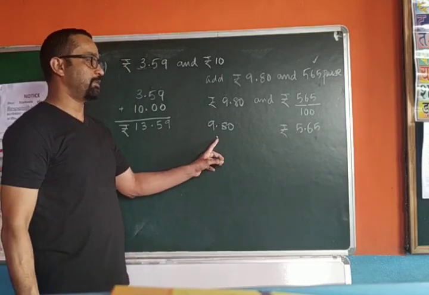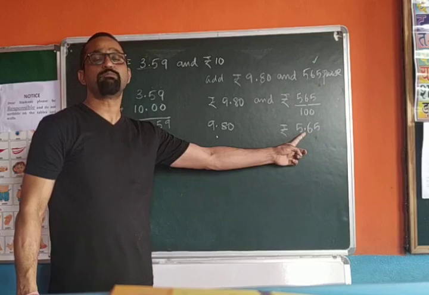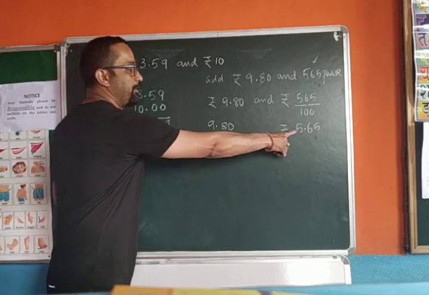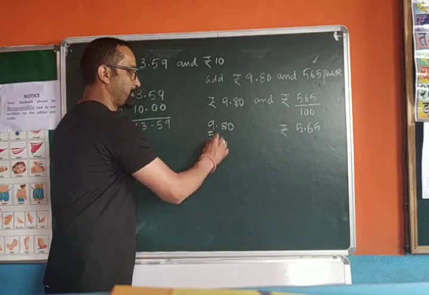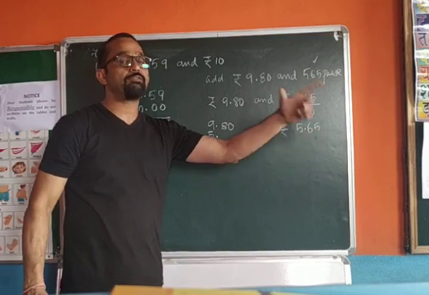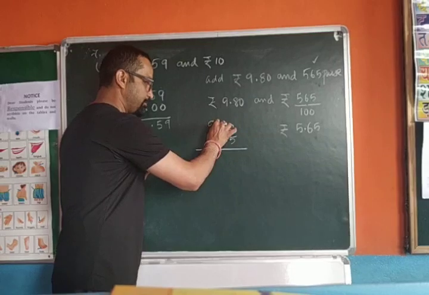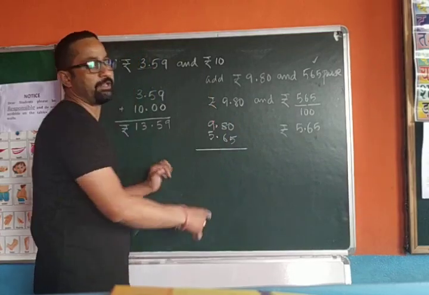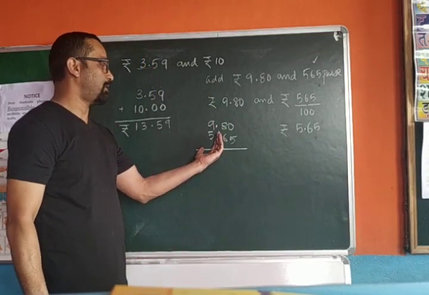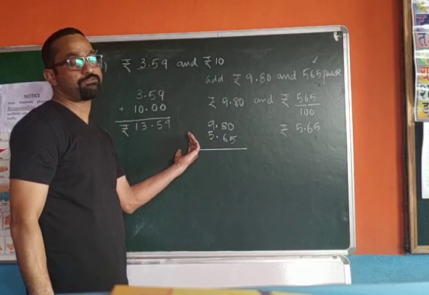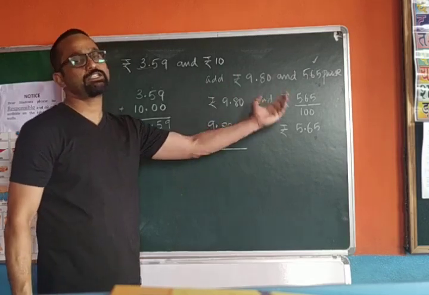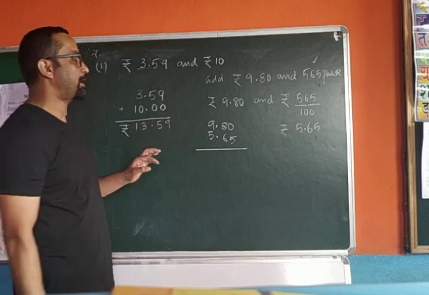First you put decimal, then look at the number before decimal, 5, so you write 5. Then the numbers after decimal, 6, 5. The decimal has to be in the same straight line, and the number before decimal you write on the left hand side, the number after decimal you write on the right hand side.